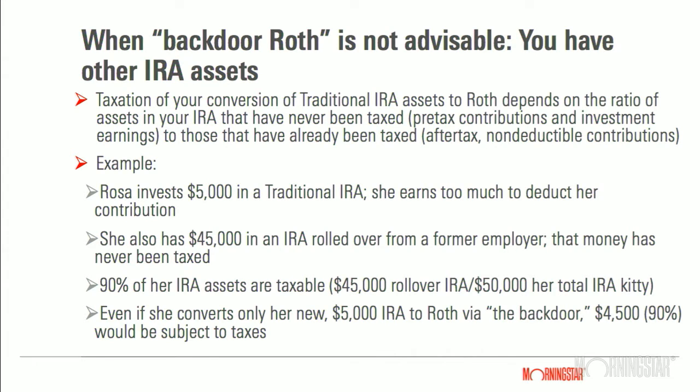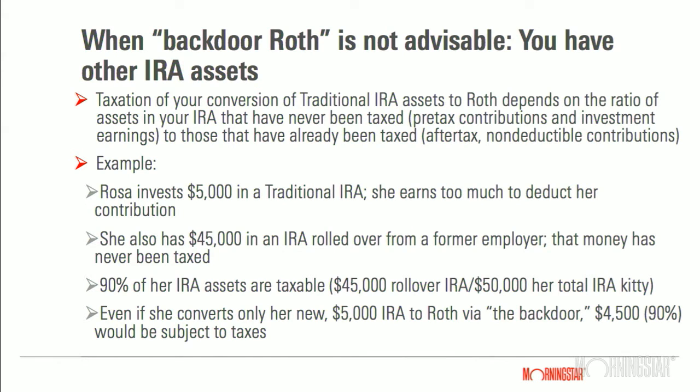She funds her non-deductible traditional IRA, but lo and behold, she also has some other assets in an IRA that she rolled over from an employer-provided plan. None of that money has ever been taxed before. So she made pre-tax contributions to that plan. Her money earned investment earnings, and those earnings were tax deferred.